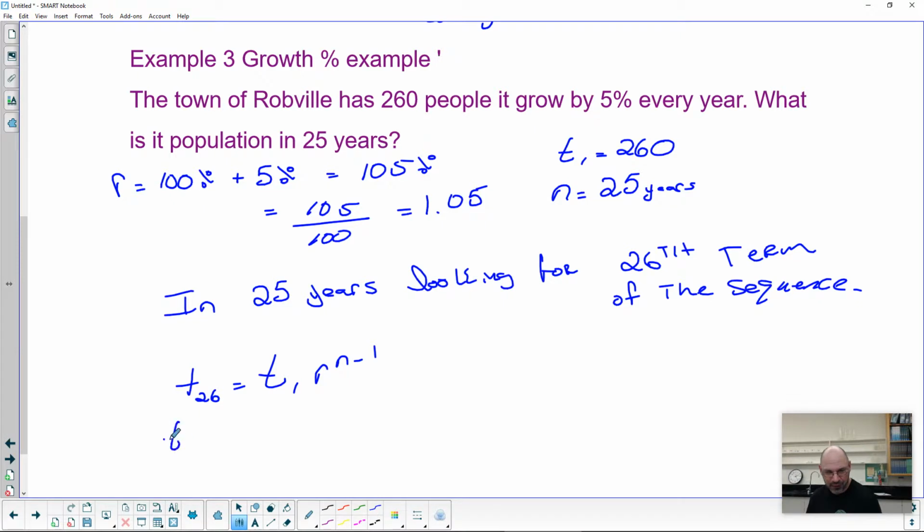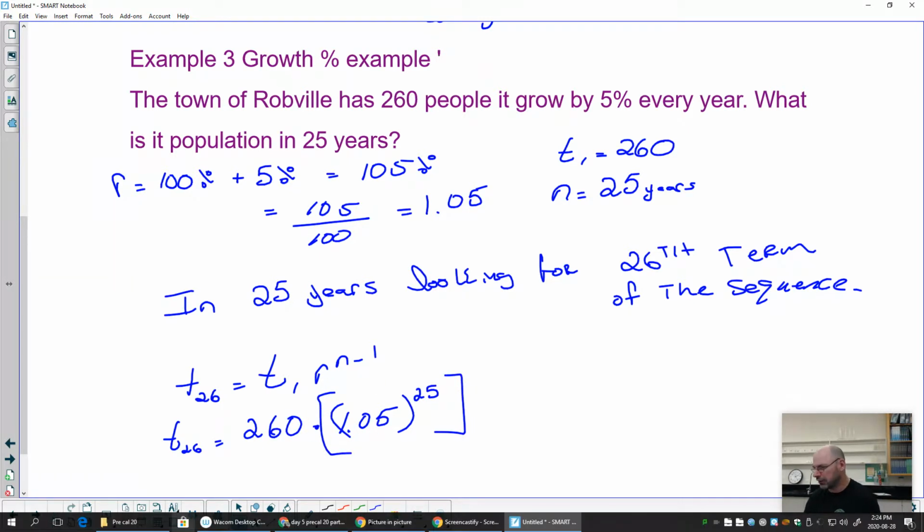So T26 then is equal to 260 times 1.05 to the power of 25, because 26 minus 1. Now we have to do this power stuff before we do the multiplication, otherwise we'll be messed up.